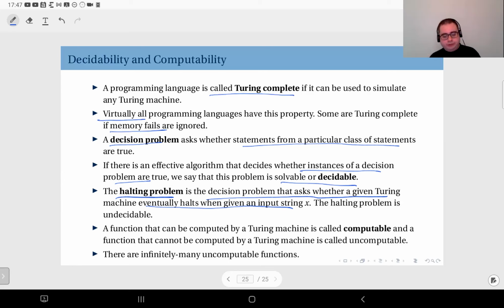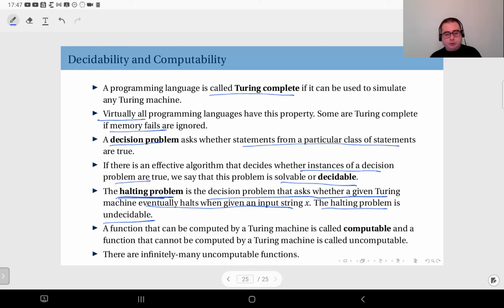So this is the general setting of the halting problem, but Turing showed that the halting problem is undecidable. So we cannot really solve this problem for every possible Turing machine and every possible input string. So this is an example of undecidable problems.